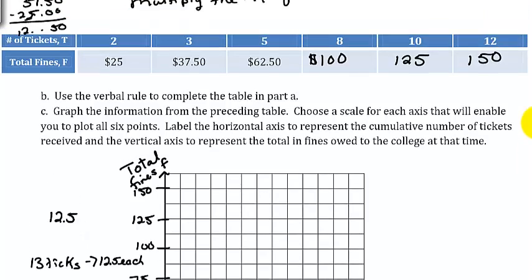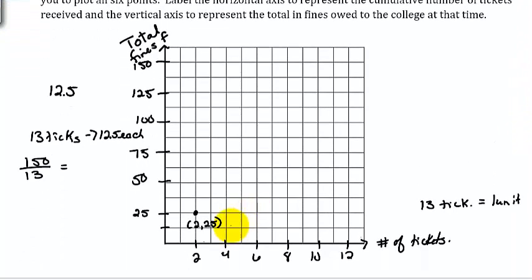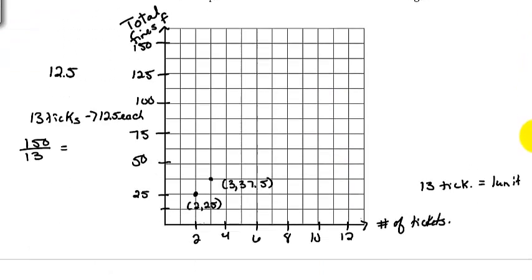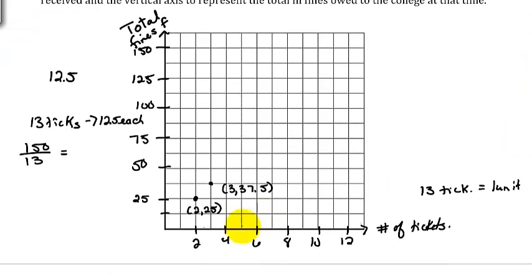And then the next one was 3 and 3750. And then the next one is 5 and 6250.